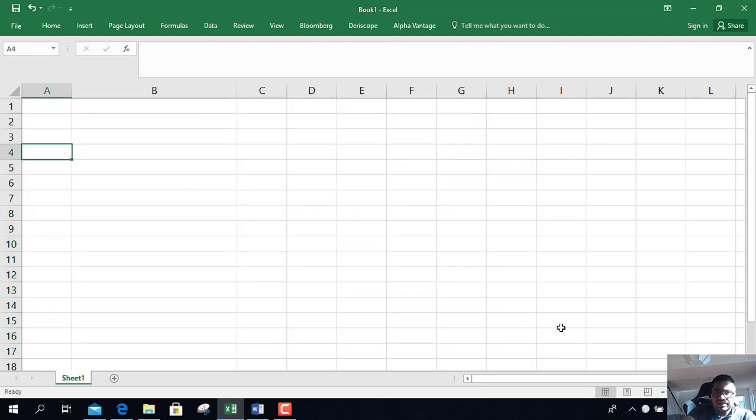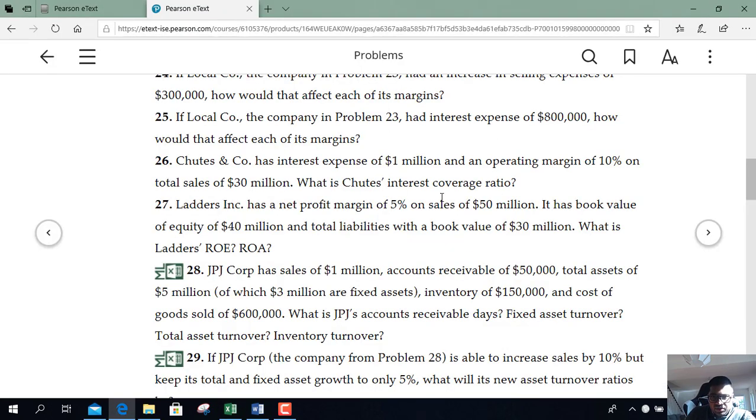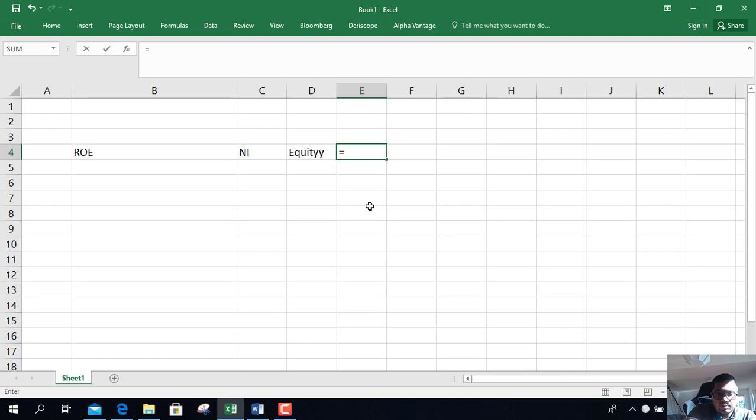So first is calculating ROE. It is net income divided by book value of equity, which is very straightforward. They have given you a net profit margin of 5%. So on sales of 50 million, what will be net income? It will be 5% of 50.